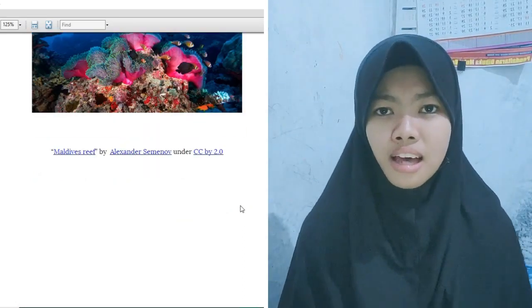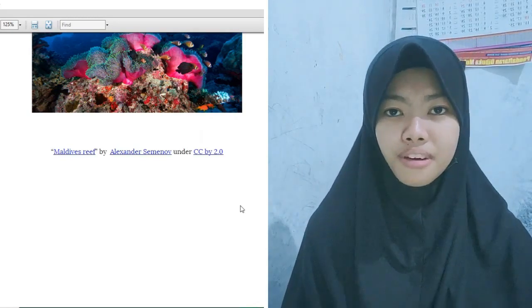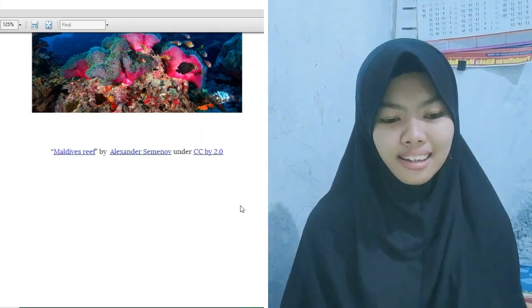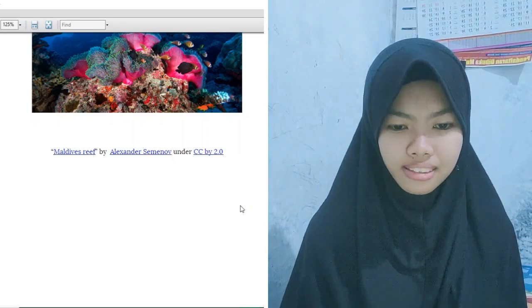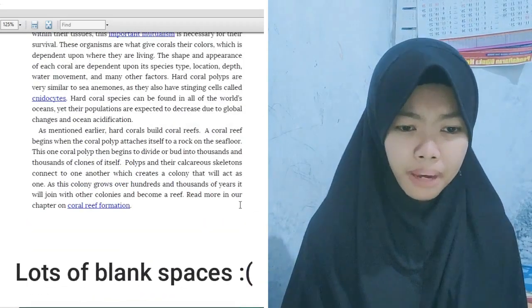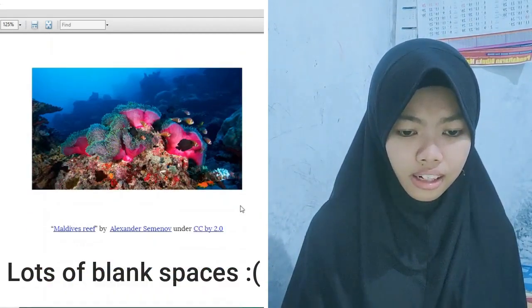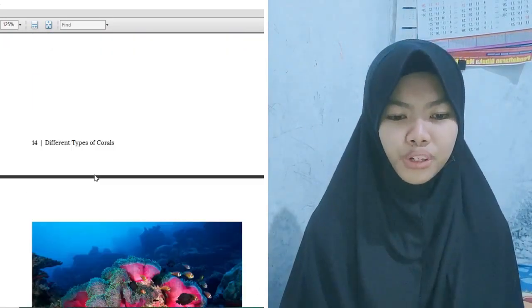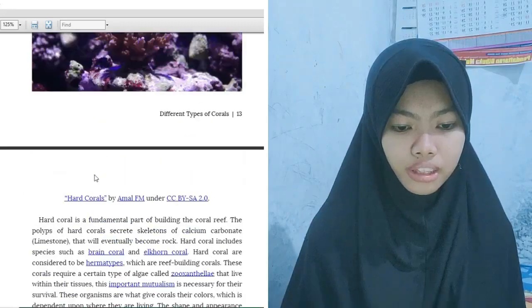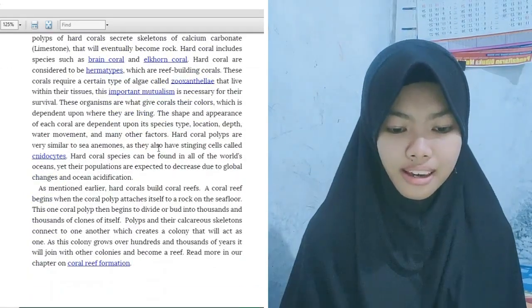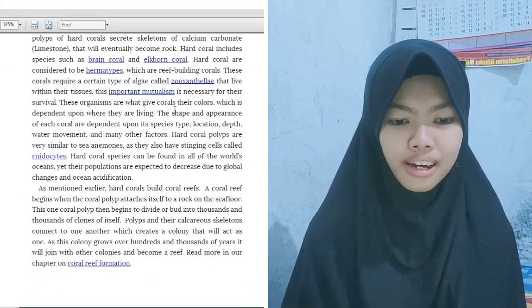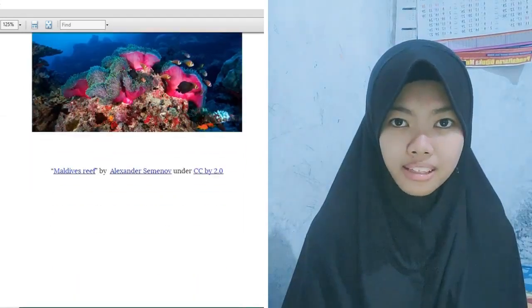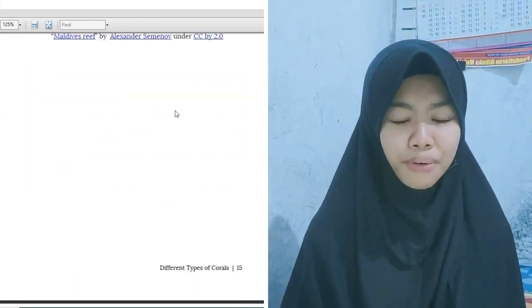And the second problem that I found about this book is that it really leaves a lot of blank pages like this. Ta-da! So if we read this book with a lot of words here and suddenly we find this blank page, it surely is disappointing.